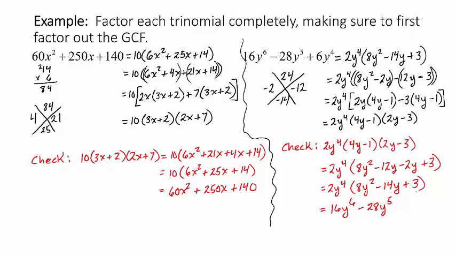And 2y to the fourth times 3 is 6y to the fourth. Okay, and is that what we originally started with? It is. Very good.